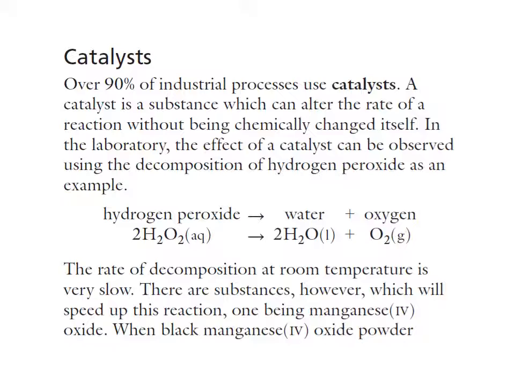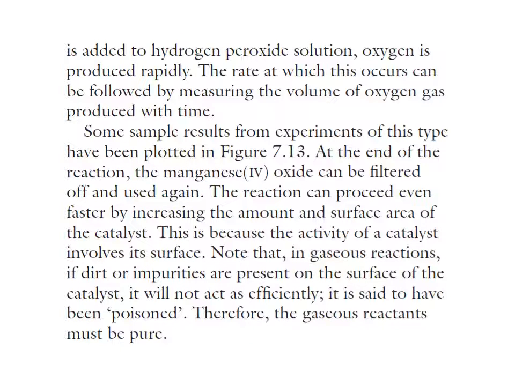When black manganese oxide powder is added to hydrogen peroxide solution, oxygen is produced rapidly. That means manganese oxide powder is working as a catalyst. The rate at which this occurs can be followed by measuring the volume of oxygen gas produced, so you can check the rate of reaction.